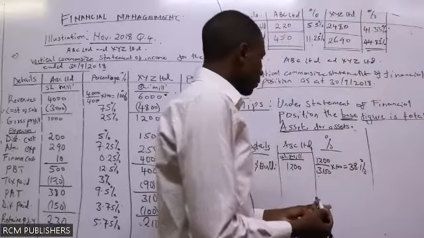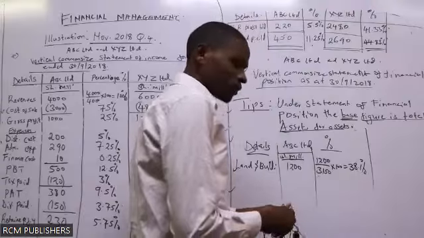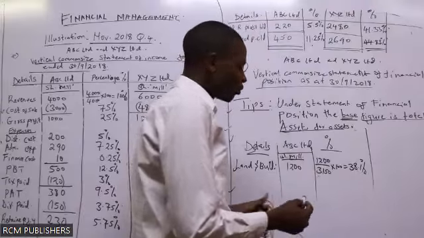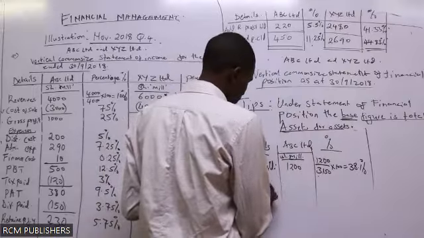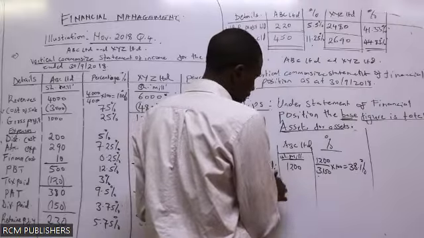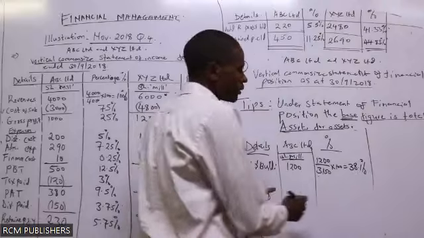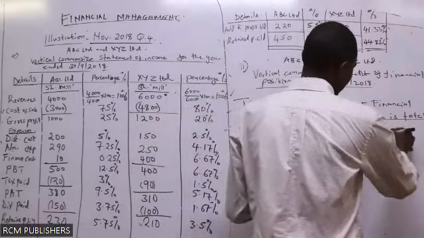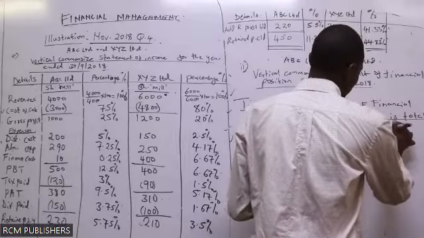Now, what have you gotten as the ordinary share? I know that is an item under equity. Hapa ya ABC na XYZ.